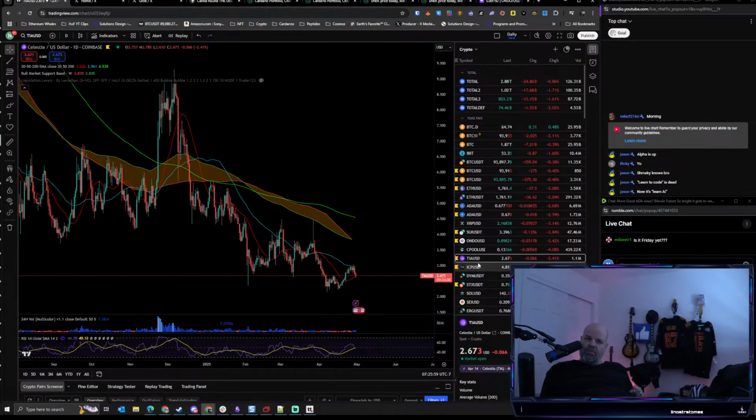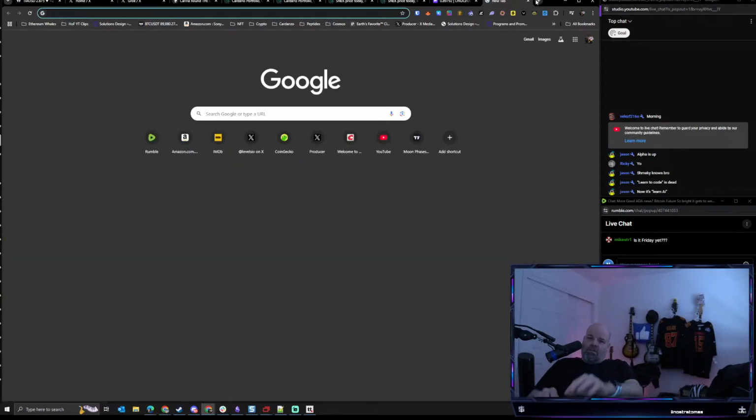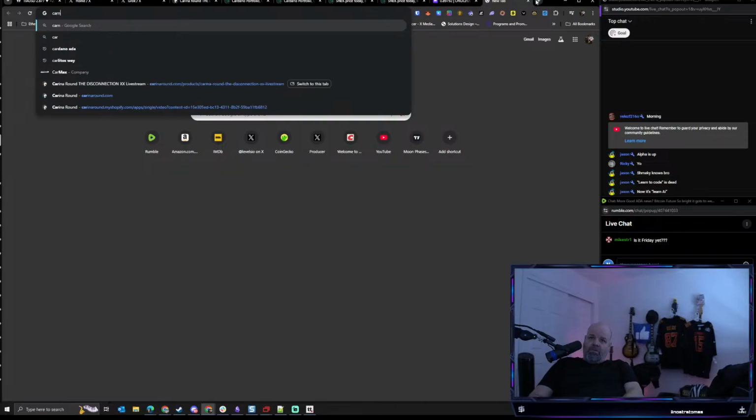Celestia. Oh, breaking Cardano news. More good Cardano news, I guess. Good news. Cardano partners with Cosmos is what the title should have been.